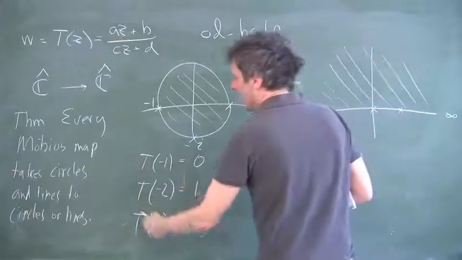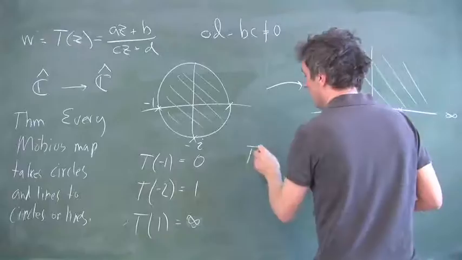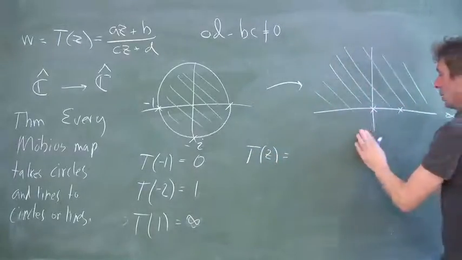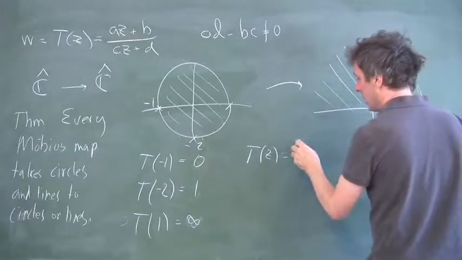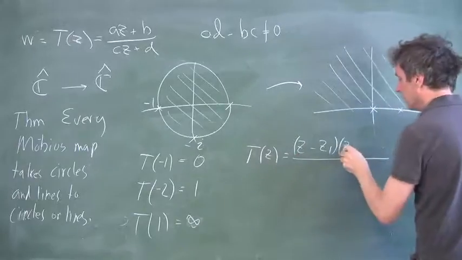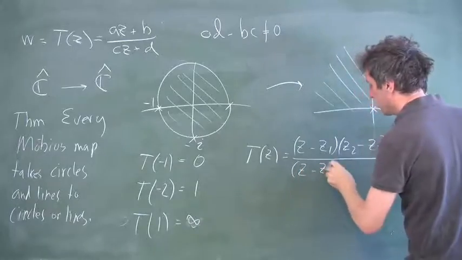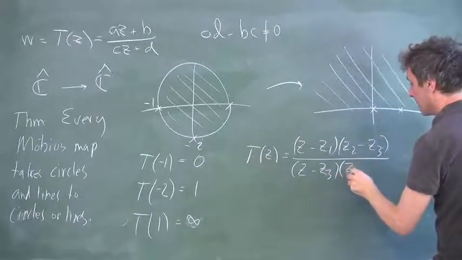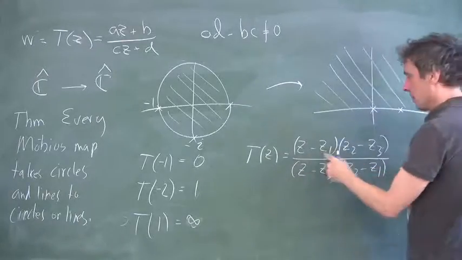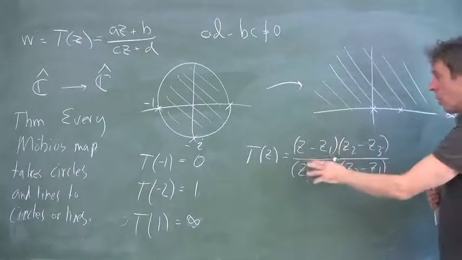So how do you construct a Möbius map with these properties then? Well, there is a standard way of doing this, which is sometimes called the cross ratio. So you can actually consider this expression here now. Here z is the variable, and z1, z2, z3 are 3 arbitrary points.